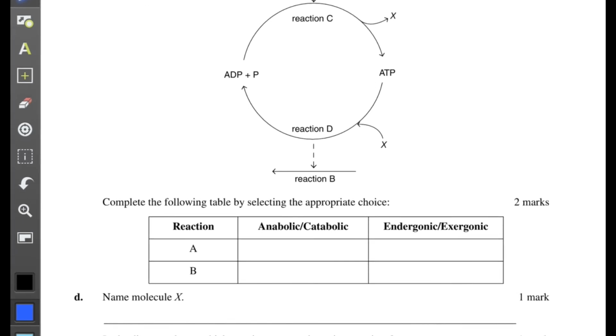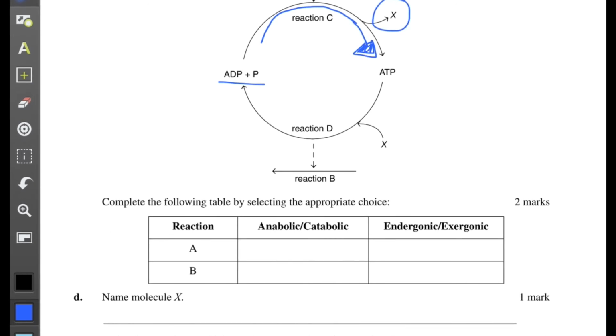We have ADP plus Pi going into reaction C. A product is being formed and released, and we're creating ATP. So energy is being released.